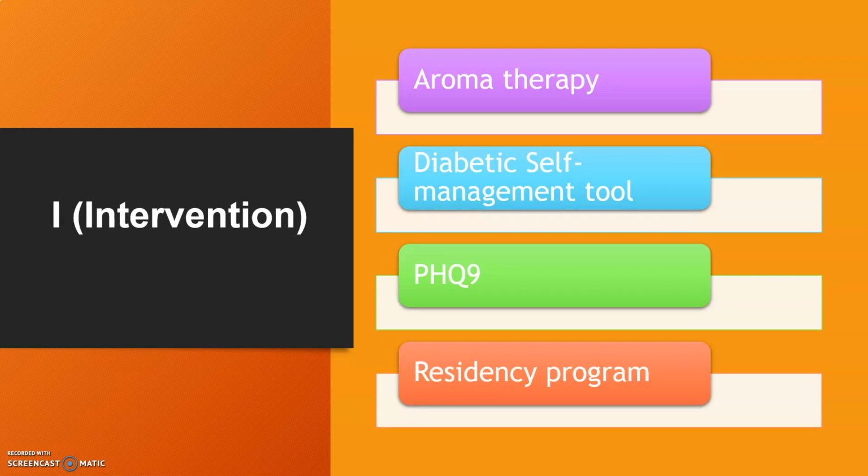The intervention: what are you going to use? What is your intervention? And this is a particularly interesting point. Because what I notice most of the time with students, they have this idea in their head of what they think may work without proper evidence. So that's why it's called evidence-based practice.